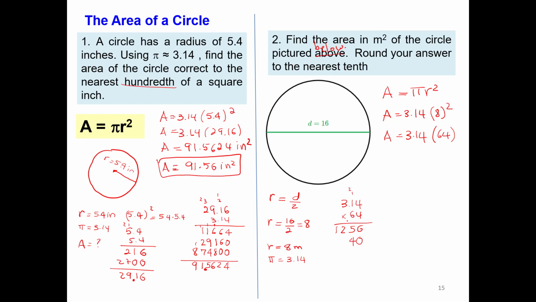Carry the 2. 6 times 1 is 6 plus 2 is 8. 6 times 3 is 18. Now we add the numbers: 6, 9, 10. Carry the 1. 2, 10. Carry the 1. 2. And now we need to count how many decimal places. 1, 2.